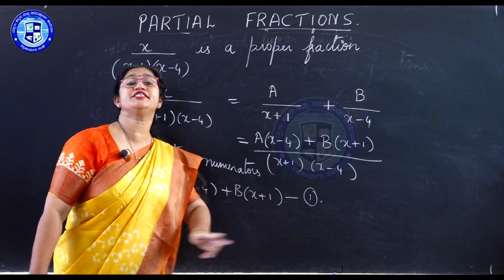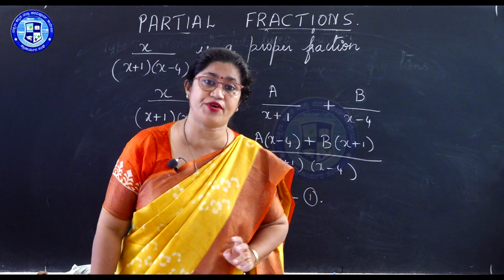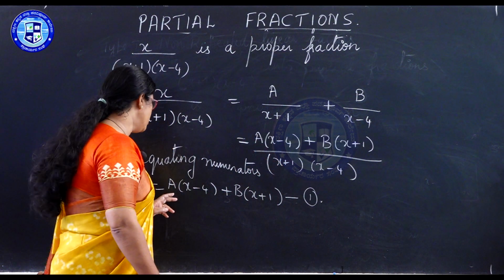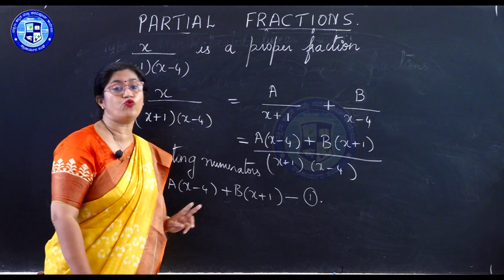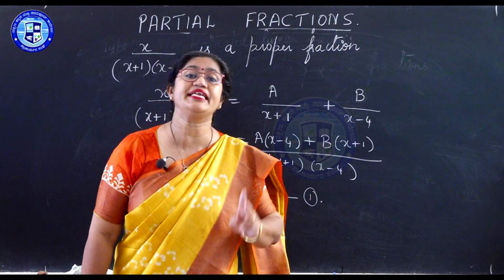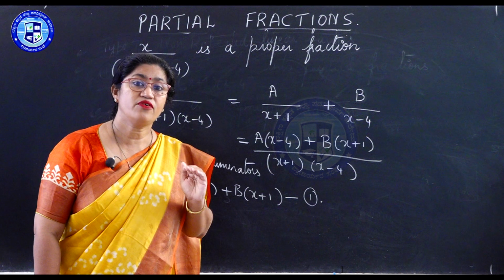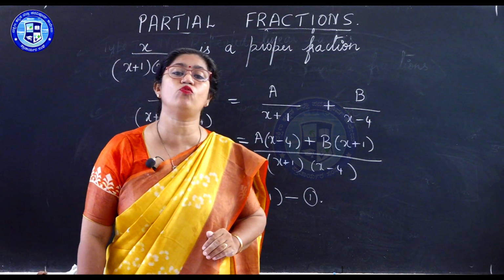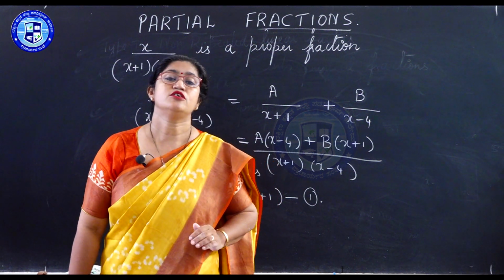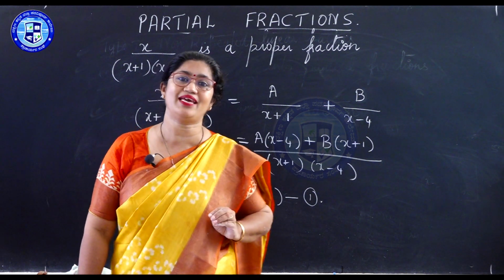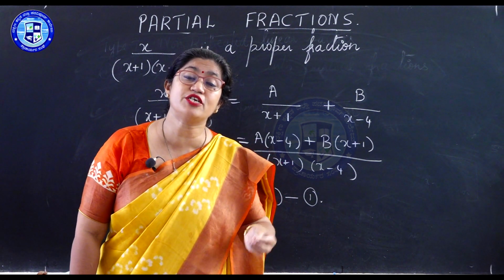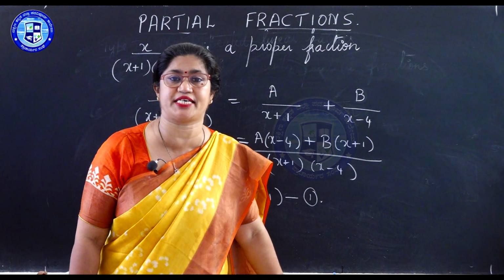This equation is true for all values of x. Now I know that when there are two variables to find out, I need to have two equations. How do I get these two equations involving a and b? So to get the equations involving a and b, we substitute some random values for x.